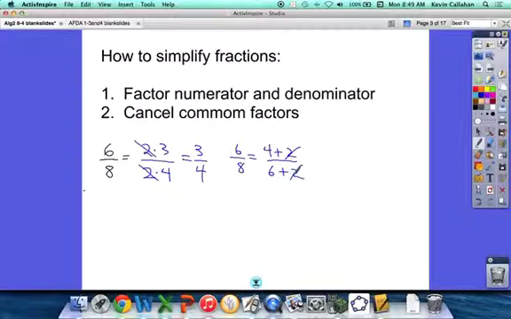That does not work. And if it did, 6/8 is 0.75. 4/6 is 2/3. Right? It's not correct to just cancel one term in the numerator with one term in the denominator. It has to be a factor of the entire numerator and a factor of the entire denominator. Right? So make sure you do that. Don't try to do something like this.